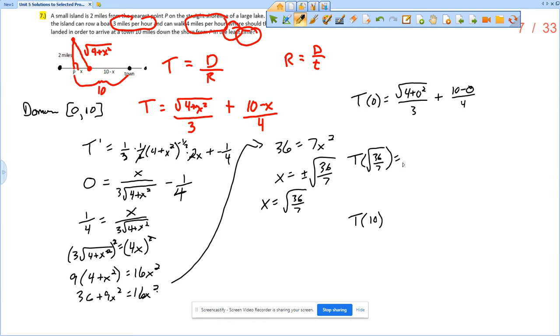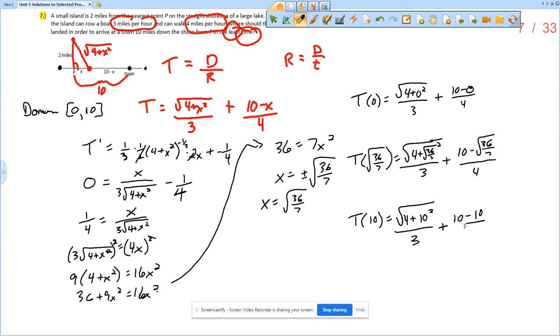Then the square root of 4 plus the square root of 36 sevenths squared, all divided by 3, plus 10 minus the square root of 36 sevenths over 4. And lastly, the square root of 4 plus 10 squared over 3 plus 10 minus 10 over 4. Now we just want to do each of those calculations.